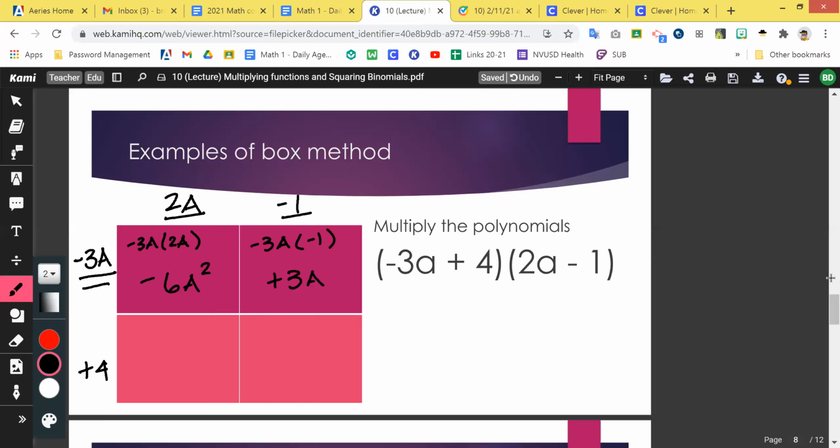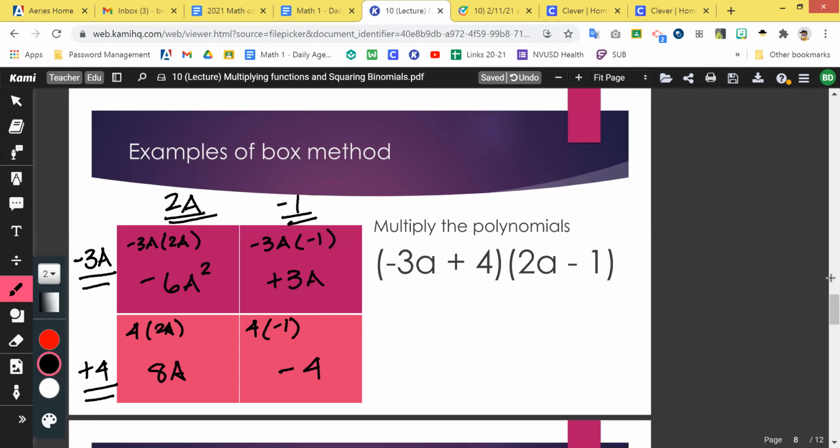Okay, moving to the bottom. I have bottom left, 4 times 2a. 4 times 2 is 8. That a tags along. And then our last box, bottom right, 4 times -1 is -4.